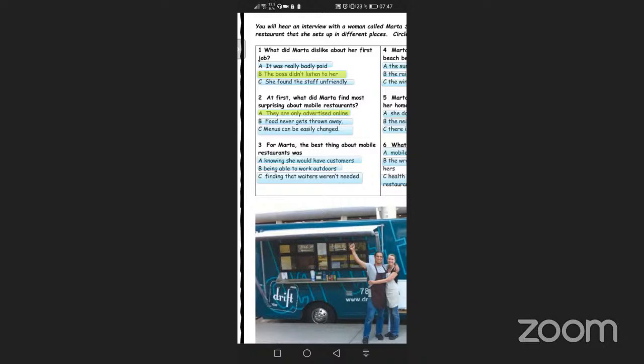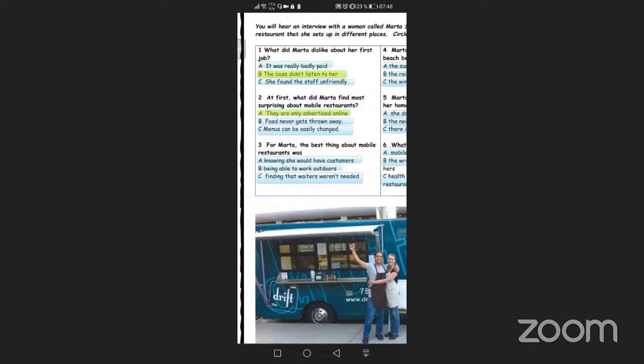Okay. All right, number three. For Marta, the best thing about mobile restaurant was knowing she would have customers, being able to work outdoors, finding that waiters weren't needed. So what do you think?